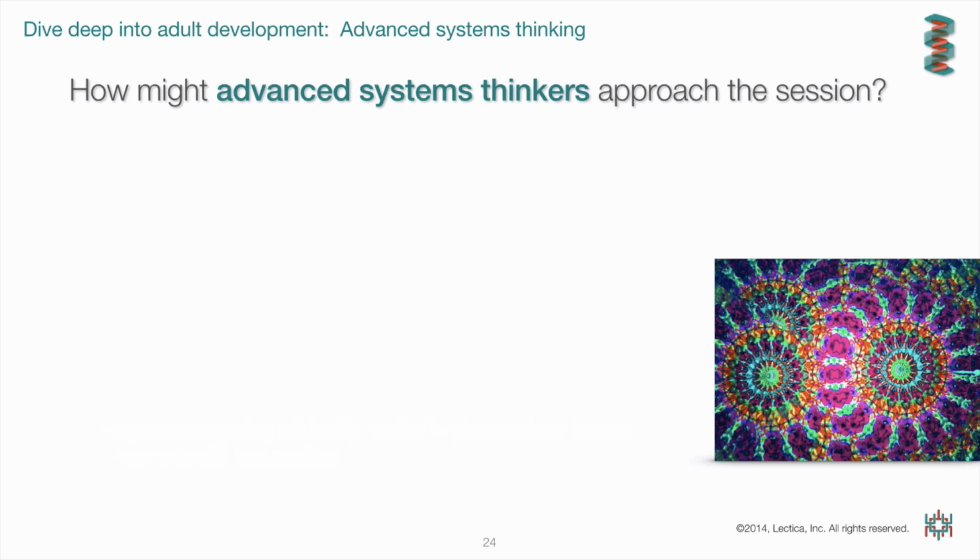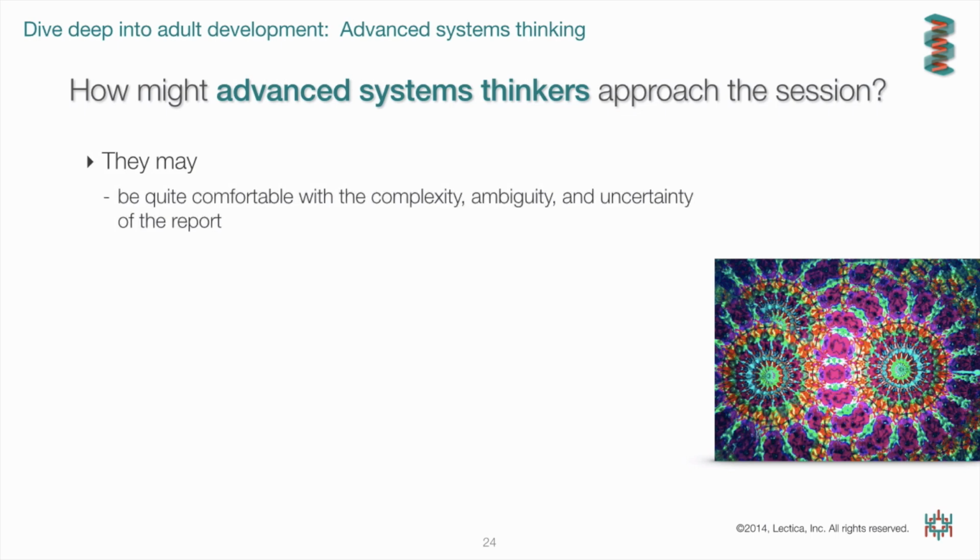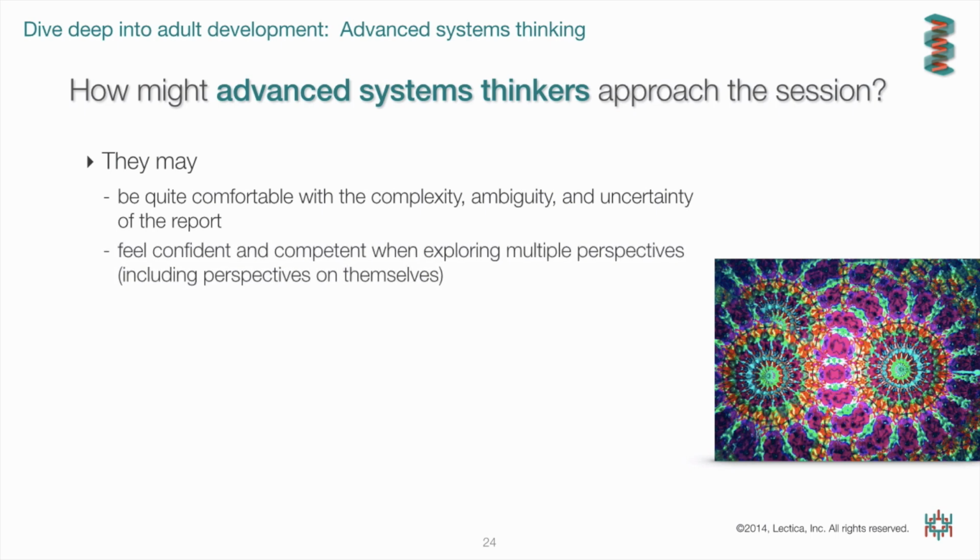How might advanced systems thinkers approach the debrief? They may be quite comfortable with the complexity, ambiguity, and uncertainty of the report. Feel confident and competent when exploring multiple perspectives, including perspectives on themselves.